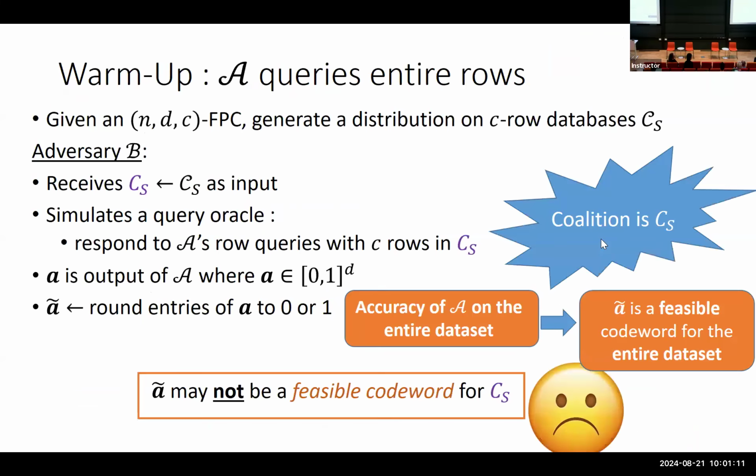Yeah, so the accuracy of a sublinear algorithm is still for the entire data set, right? So the accuracy is in terms of the entire data set. But for our problem here, we need to show something for the coalition, like the subsample.